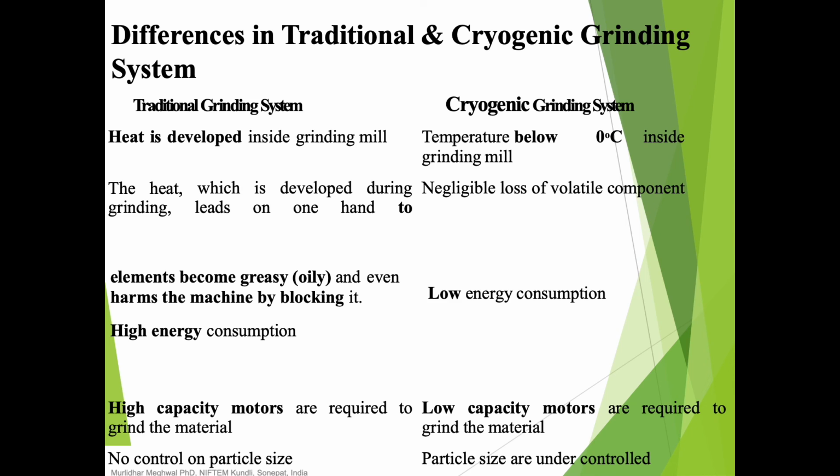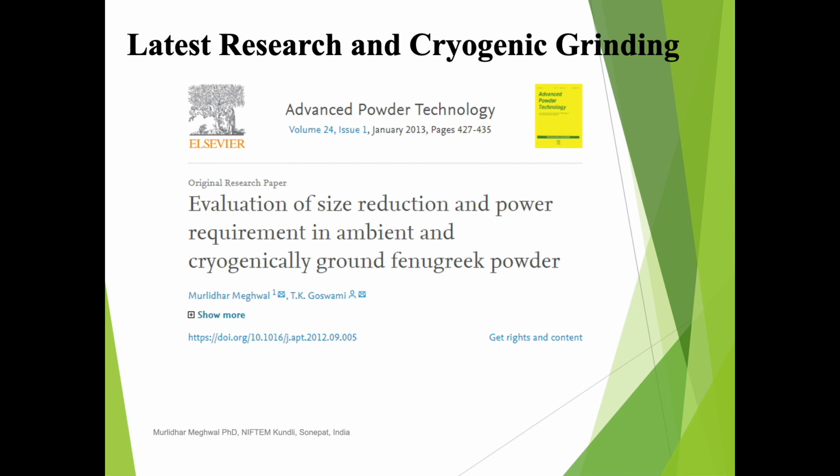The traditional system has a lot of energy consumption, whereas in the cryogenic grinding system energy consumption is less. Traditional systems require high capacity motors for grinding, whereas here a low capacity motor can be used. In the traditional system we don't have control on the particle size, but in the cryogenic system we can keep the particles as per the requirement.